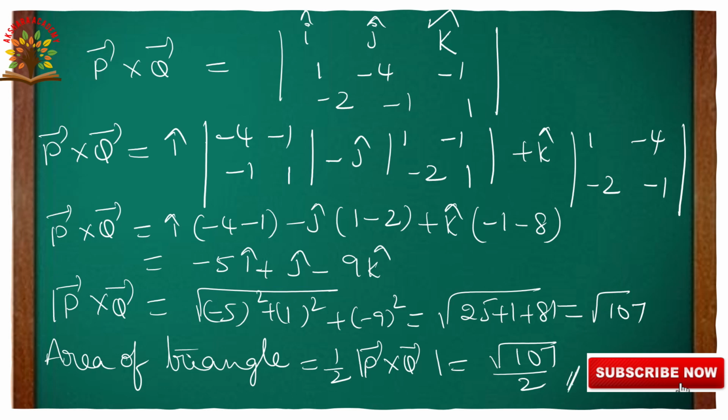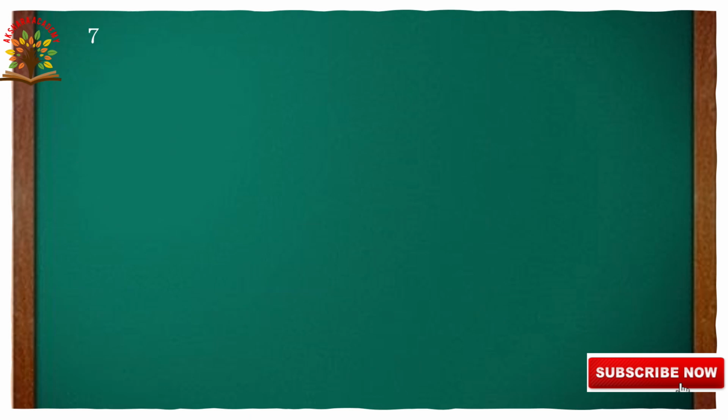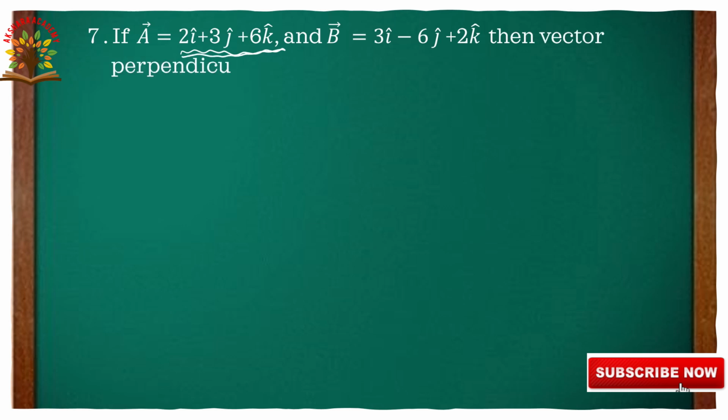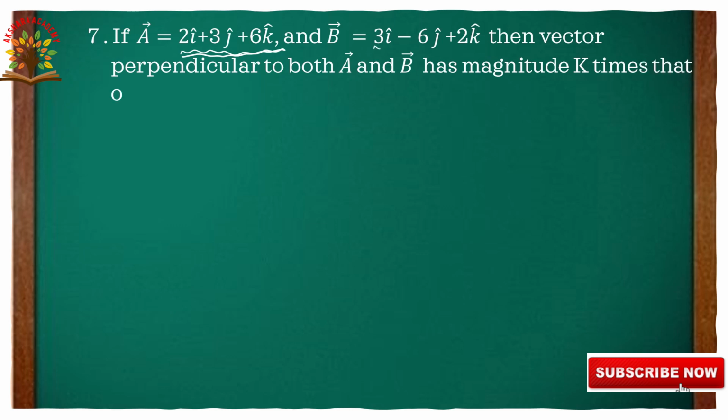Okay. Next we will go to the next question. Seventh one. If a bar is equals to 2i cap plus 3j cap plus 6k cap and b bar is equals to 3i cap minus 2j cap plus 2k cap, then a vector perpendicular to both a bar and b bar has magnitude k times that of 6i cap plus 2j cap minus 3k cap, then k is equals to.